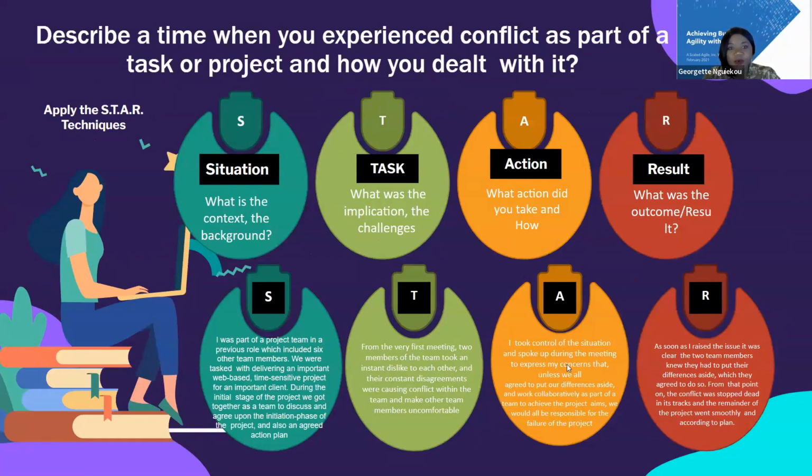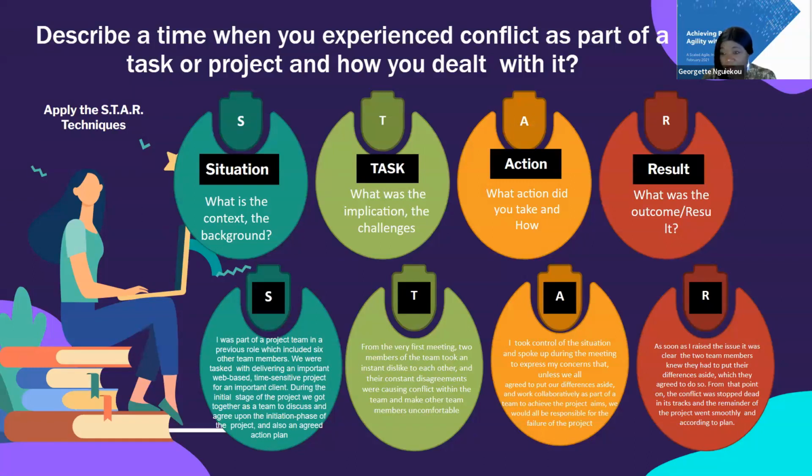Describe a time when you experienced conflict as part of a task or project, and how did you deal with that? So, for instance, I'm going to share this with you. We had a big project happening, a very big multi-million-dollar project.